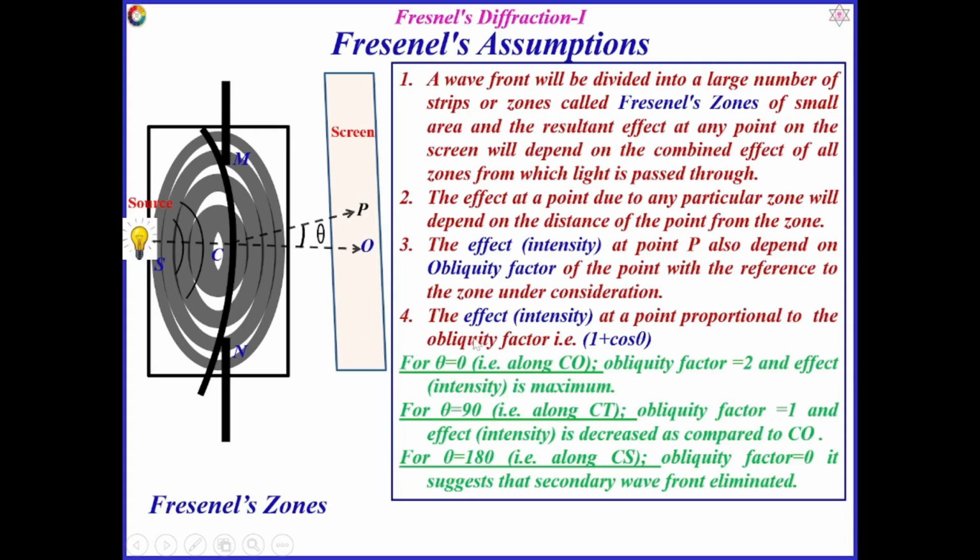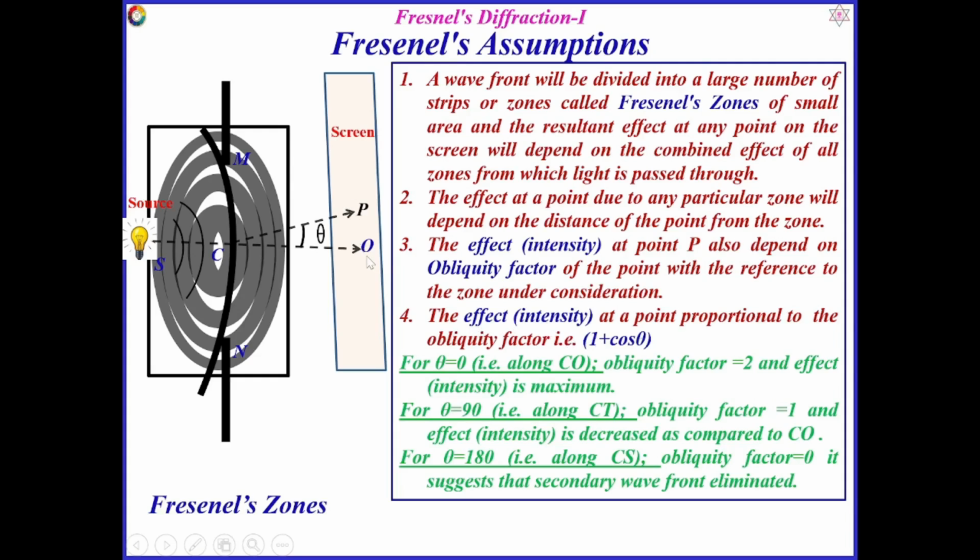Okay, the fourth one is that the effect or the intensity at a point is proportional to the obliquity factor. And here the obliquity factor is considered as 1 plus cos theta. Here we are going to understand how the obliquity factor is proportional to the intensity or effect on the screen at any point.